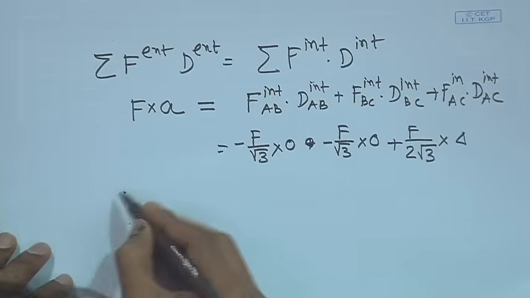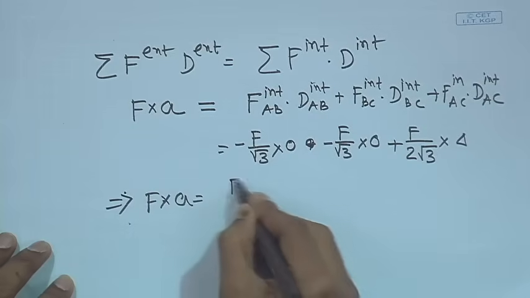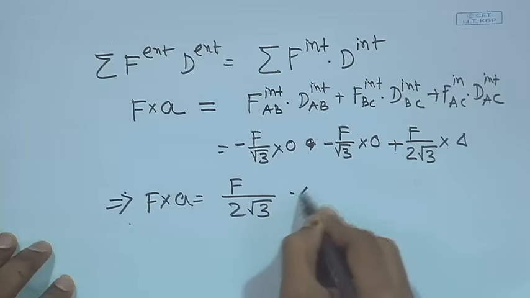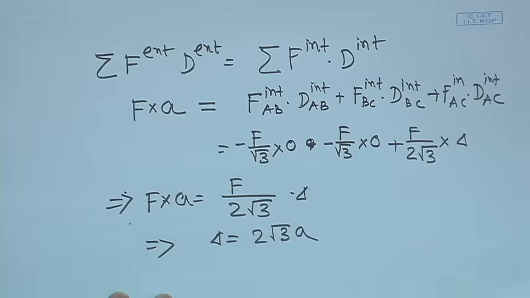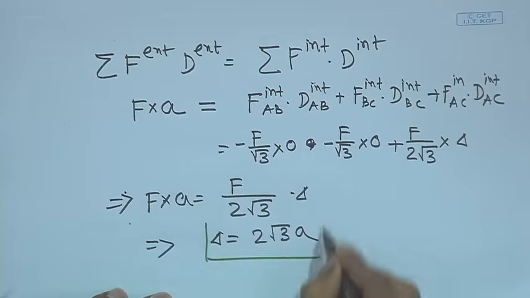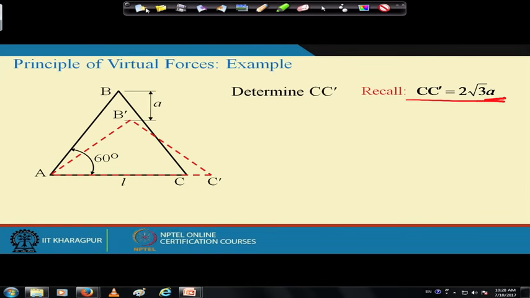Now, finally we have F into A is equal to F by 2 root 3 into delta, and F gets cancelled, which gives us delta is equal to 2 root 3 A. If we use the geometry for this problem, you can get this value.